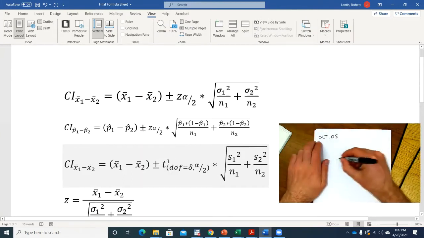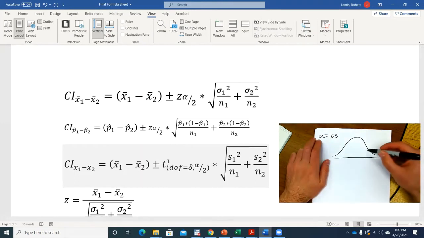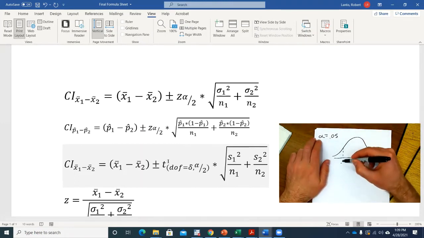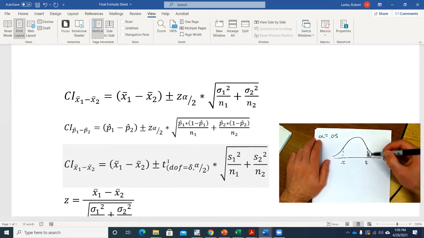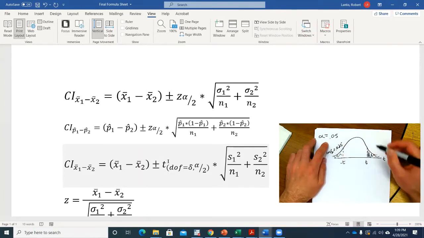So looking at that student t distribution, I want the t value such that the total area outside of my interval is alpha, which means that there's alpha over 2 on each side, or 0.025 on each side of my confidence interval, okay?